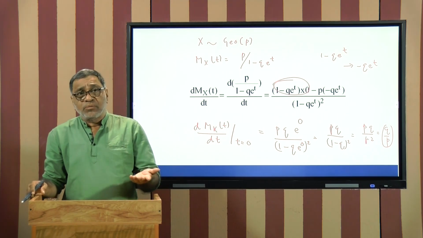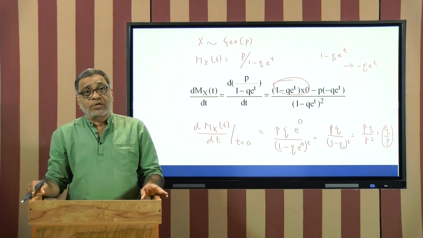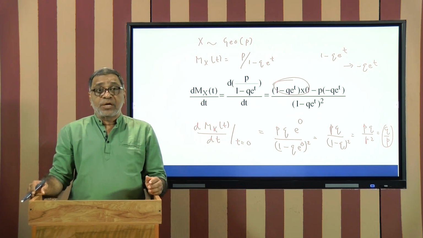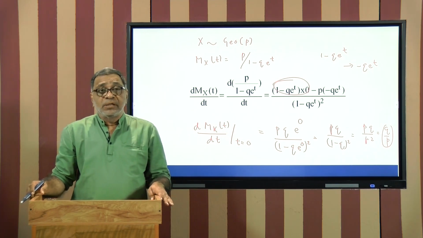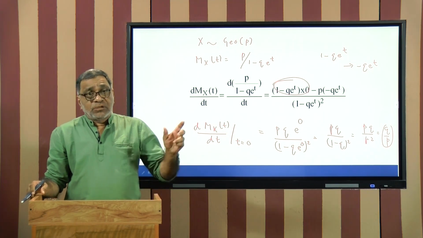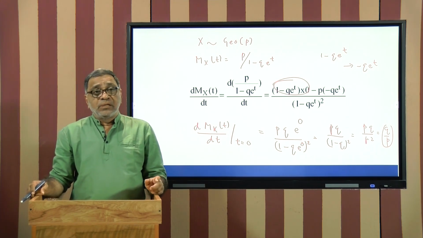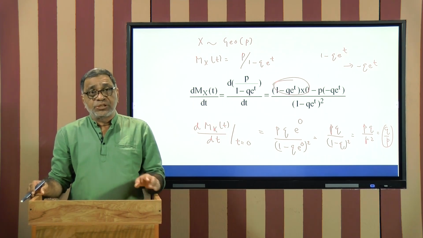Or you can expand the moment generating function and find the coefficient of t power r divided by r factorial from the expansion. If it is possible to expand the moment generating function, that is another way of finding arbitrary moments. But for the geometric random variable, the convenient method is the differentiation technique.